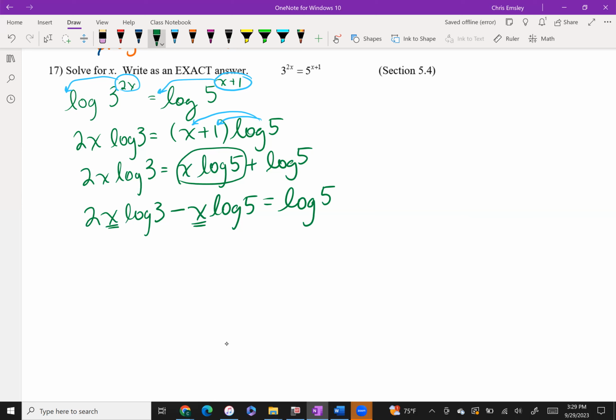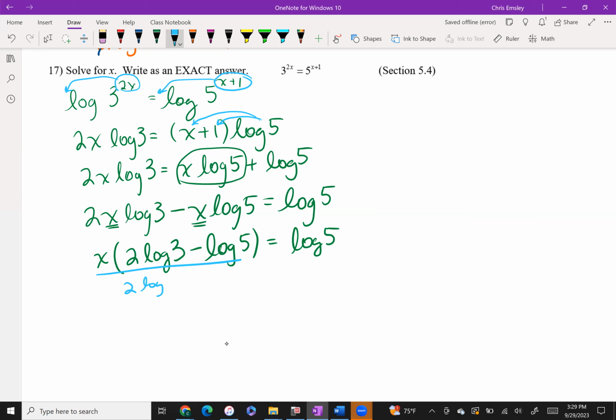So if we want to solve for it, we need to factor it out so it's in one place. Now we have x times this quantity. So in order to solve for x, we divide both sides by that quantity.